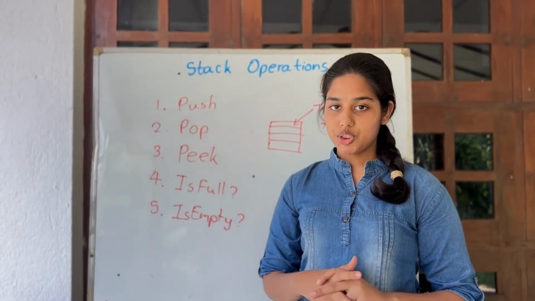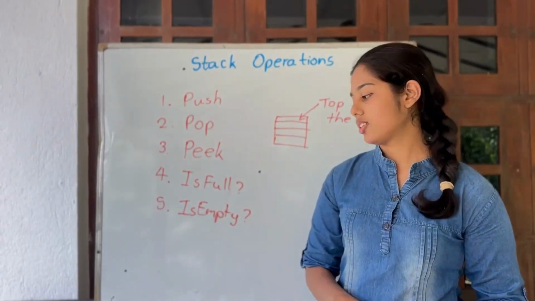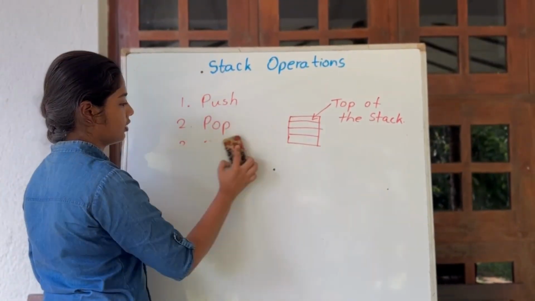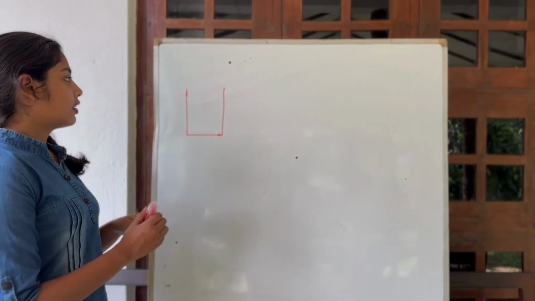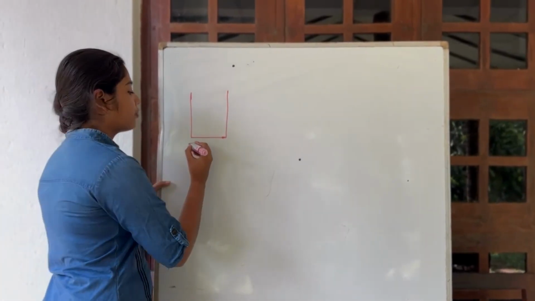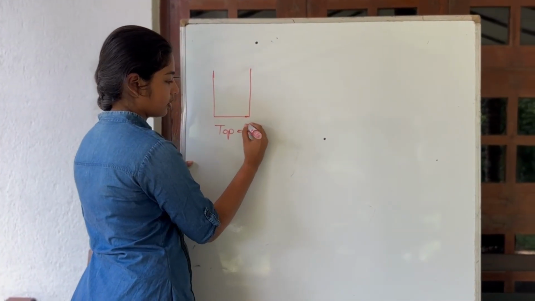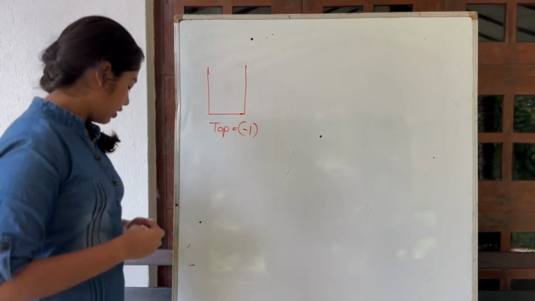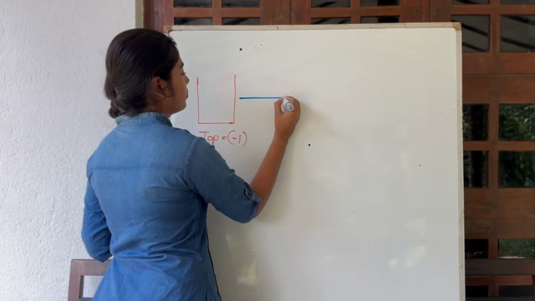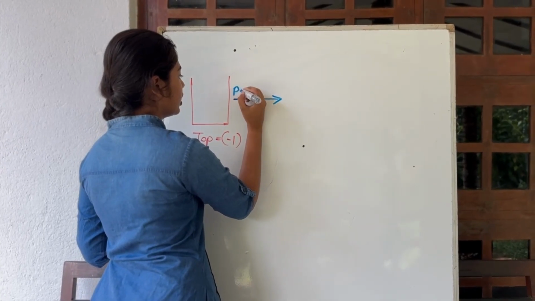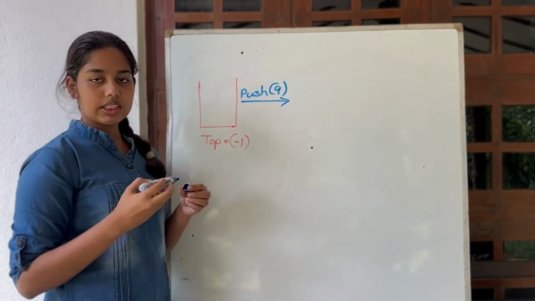Now I'm going to show you how a stack works using these 5 operations. Here we have an empty stack. The top value of an empty stack is -1. Now I'm going to push 9 to this stack.